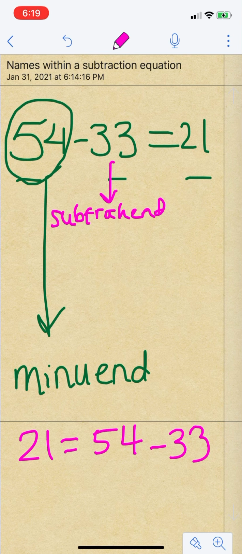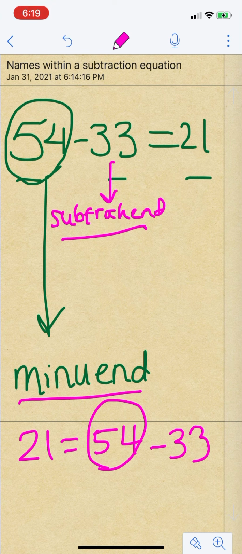Here, the 54 is still the minuend because it is the number that we are subtracting from. So far we have minuend, subtrahend, and now let's go to the answer to a subtraction problem.